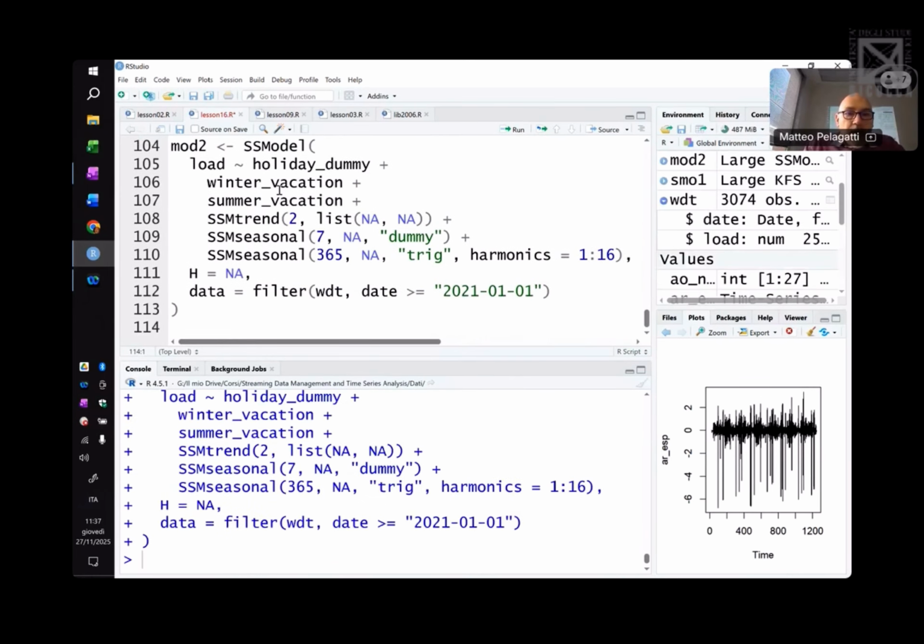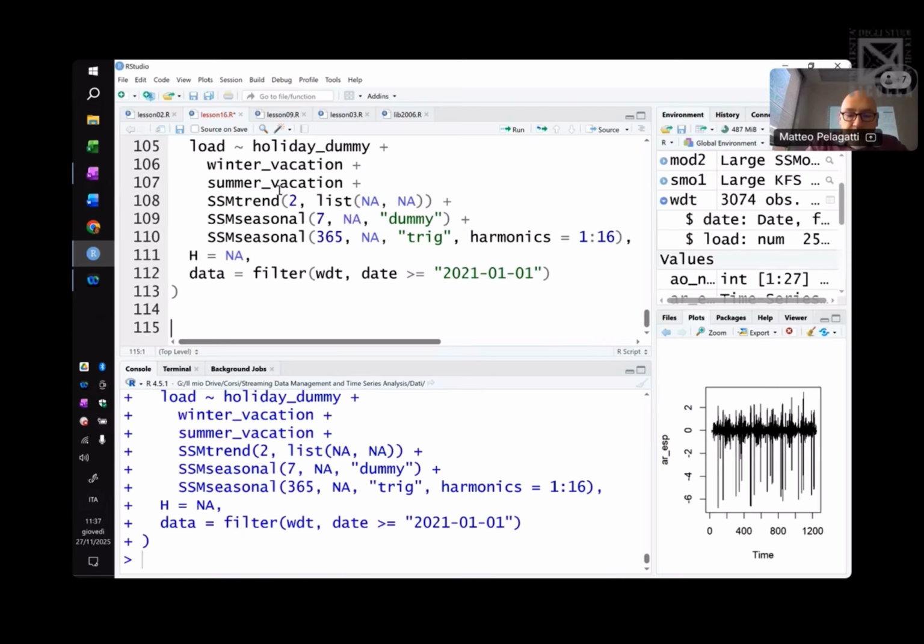Okay, the model is now proper. We can go with the second fit. The model is now mod 2. Here, actually, instead of using the initial values that we prepared, we can just use the previous value of the estimate. So we can go with the fit 1. That would save some time.